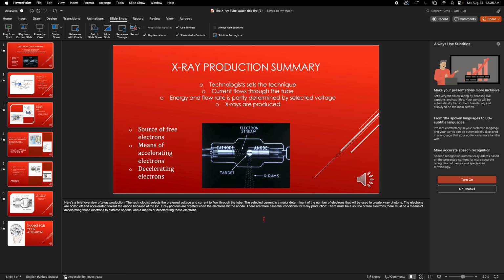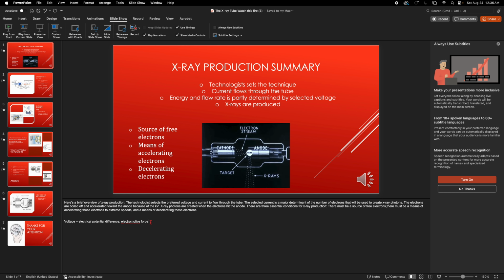Remember that voltage has a couple of names: electrical potential difference, and also another name, electromotive force.